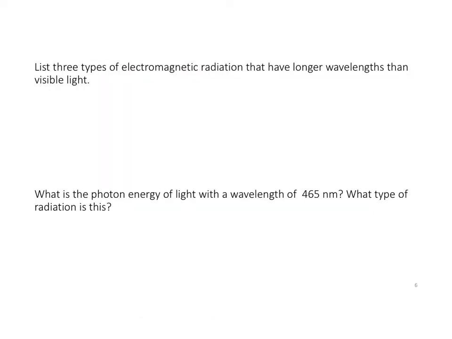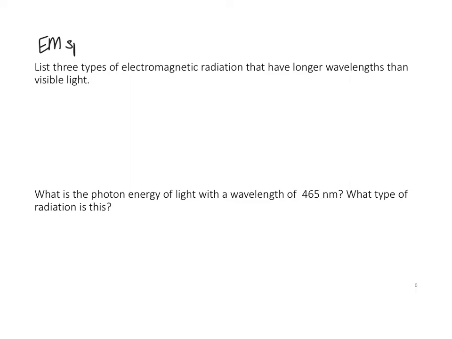All right, now this is where chapter 7 begins, and we're going to talk about electromagnetic radiation. So what's interesting, if you turn your focus to figure 7.6, you'll see the electromagnetic spectrum.